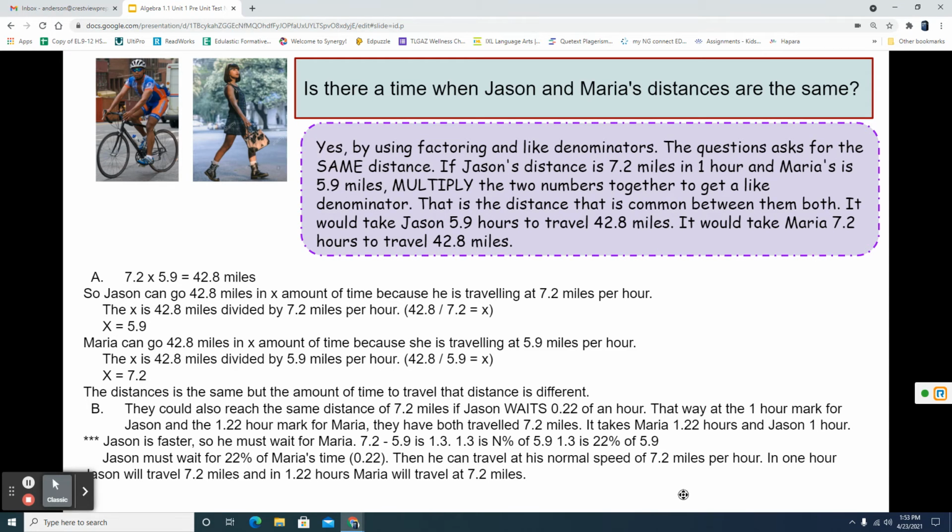With B, I calculated that they end up at the same distance at the same time. Jason has to wait for Maria because Maria walks slower. So if Maria started out at, say, noon, Jason would have to wait approximately 1/5 of 60.